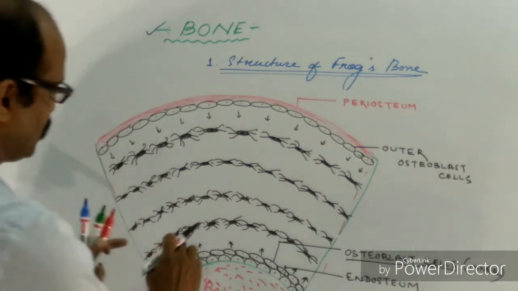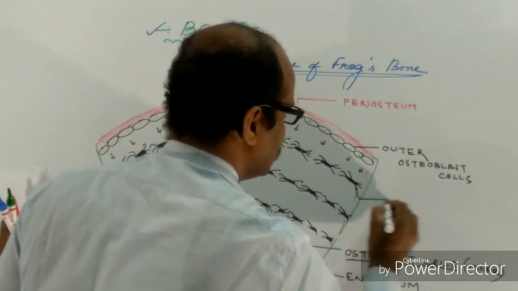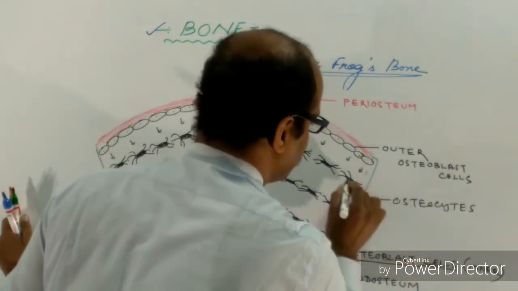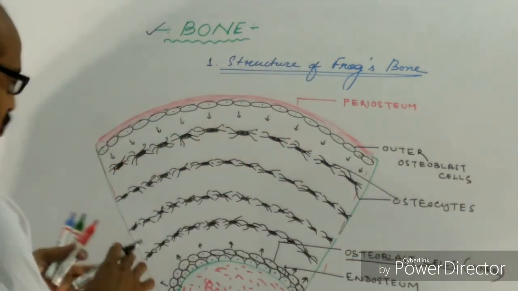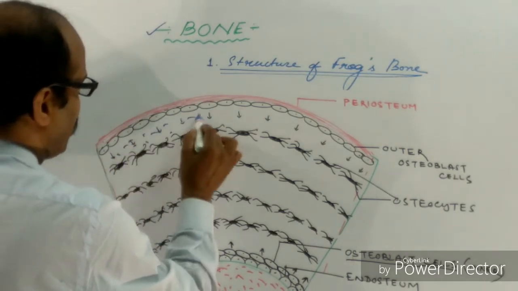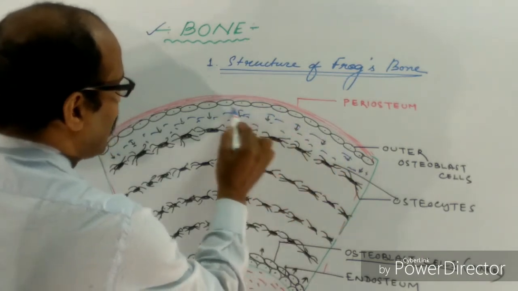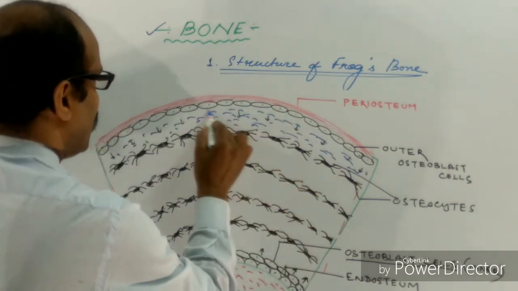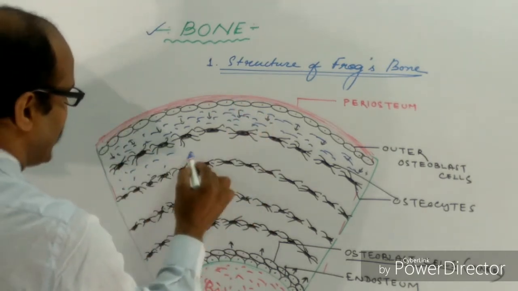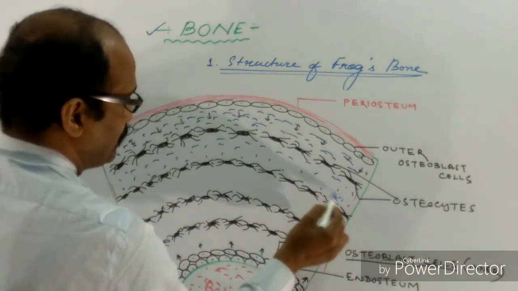So because of the presence of such concentric layers of osteocyte cells, the matrix of such bone is divided into different layers. Suppose that this is one layer, one plate, which is separated from the adjacent plates of the matrix by the formation of another layer.